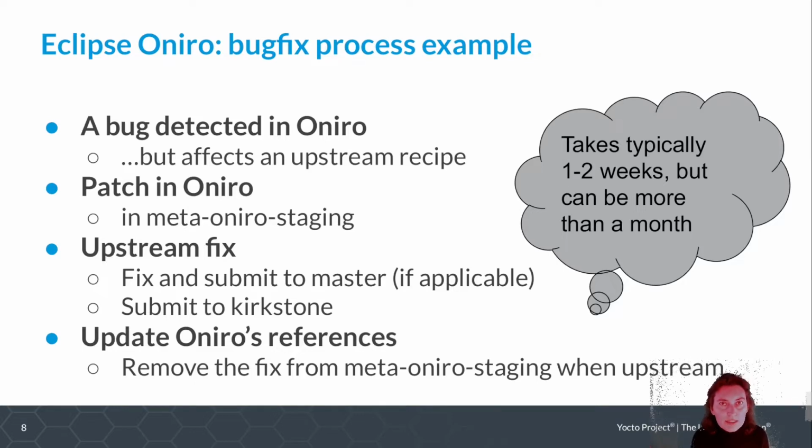We take the new kirkstone, we remove the fix from Meta Oniro staging, and we are having the fix from the upstream. The loop usually takes 1 to 2 weeks, but sometimes it takes way longer.